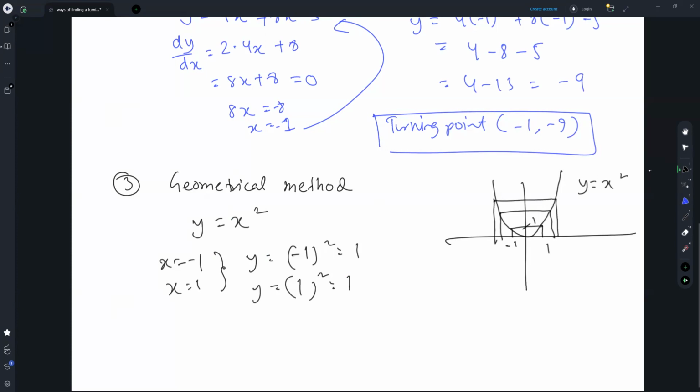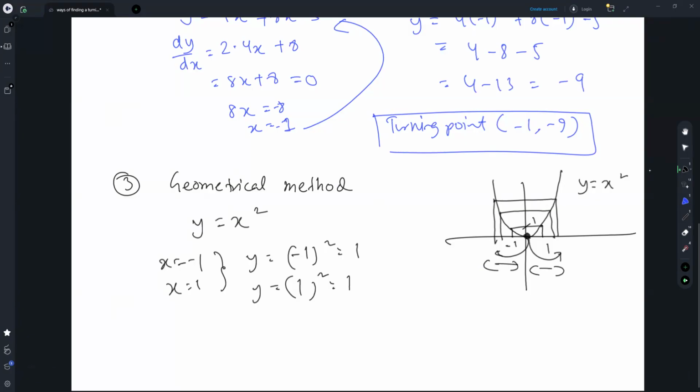Because these are going to be the same, their distance from the y-axis will be exactly the same. In this case, the turning point of this x squared curve is the origin. So the distance from the origin to the two values of x, which correspond to the same value of y, will be the same.